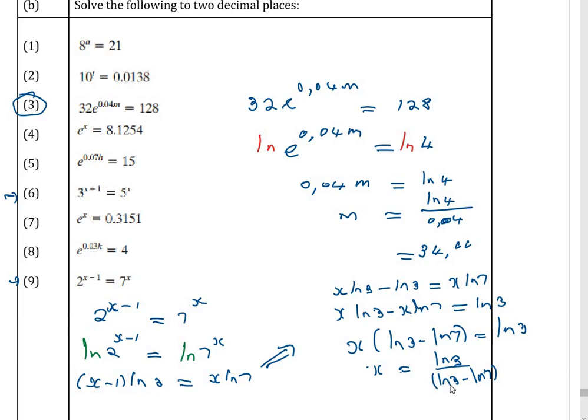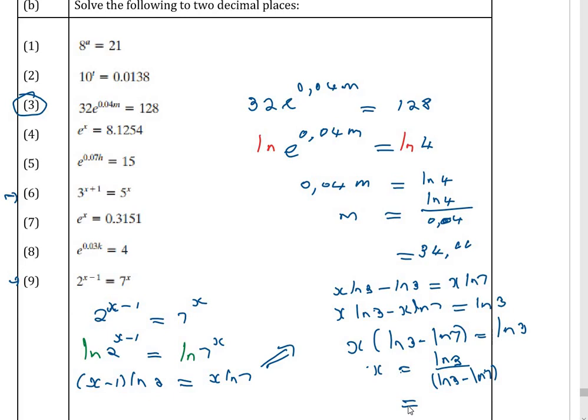Okay, hope you're still with me here. And okay, so that we can work out on the calculator. So go to the fraction mode. I hope I did it correctly. I'll hear now from you, but let us just see there. So it's ln 3 at the top, come down, and ln 3 minus ln 7.